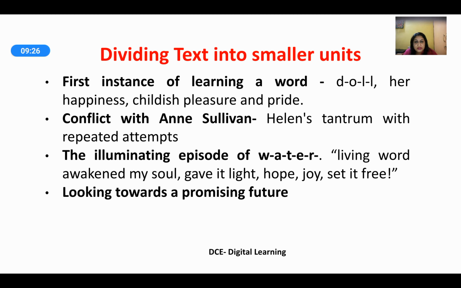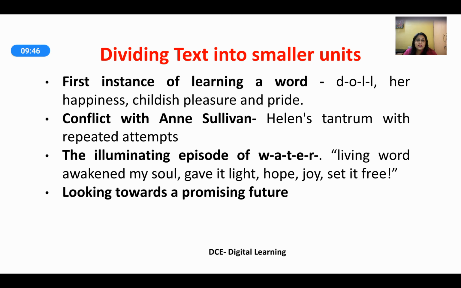Helen Keller's happiness, her childish pleasure when she realized that she is learning something new, and how she proudly went to her mother and tried to do the same on her hands. And later, the conflict with Anne Sullivan. It is because Anne Sullivan tried to make her learn something new, but then we can see Helen's tantrum with her repeated attempts.